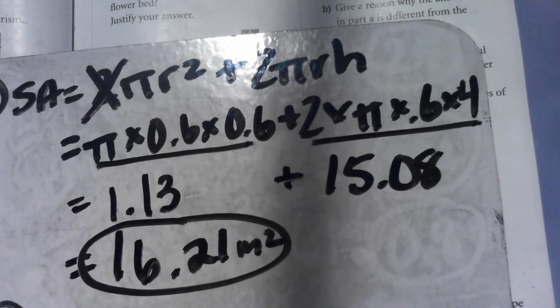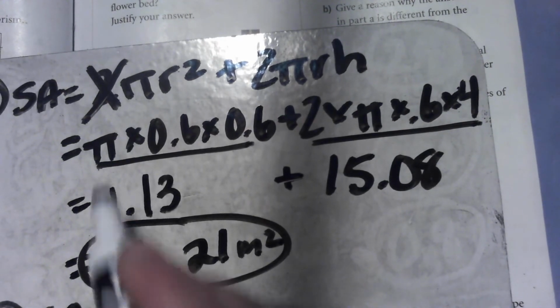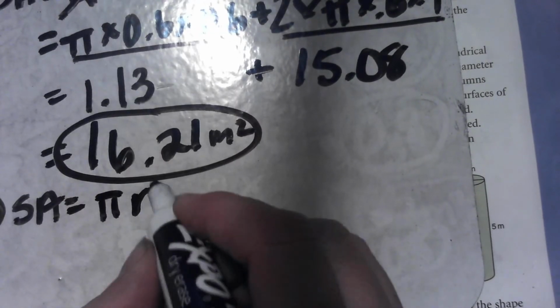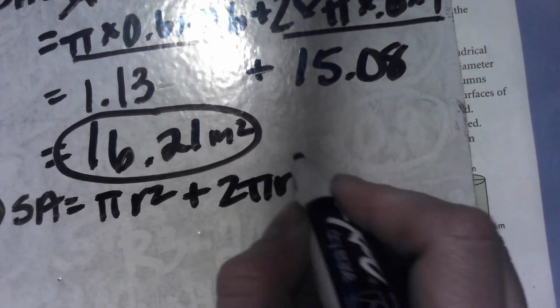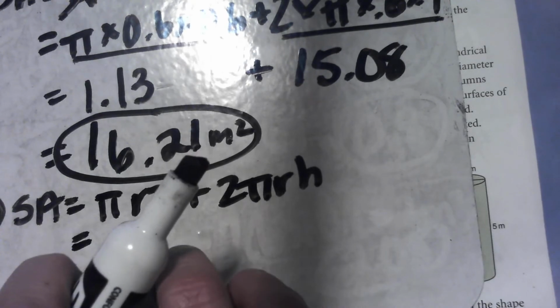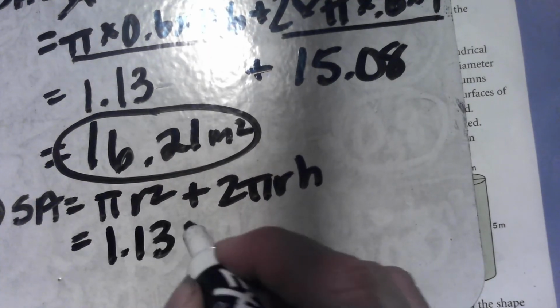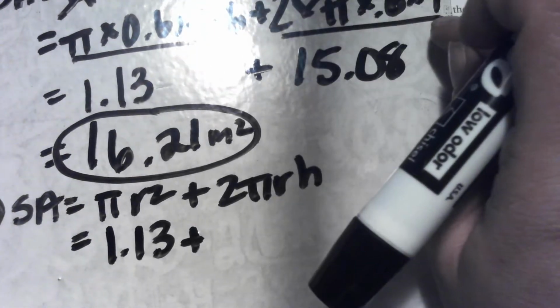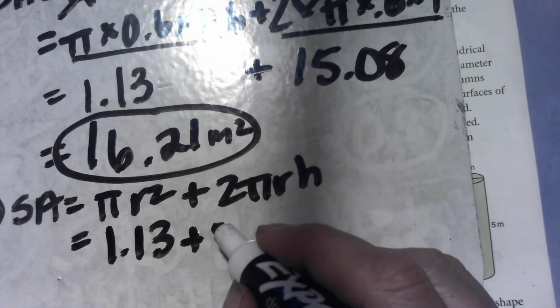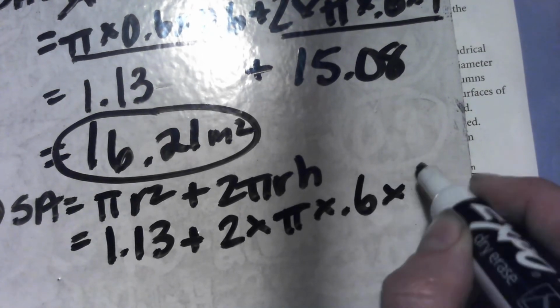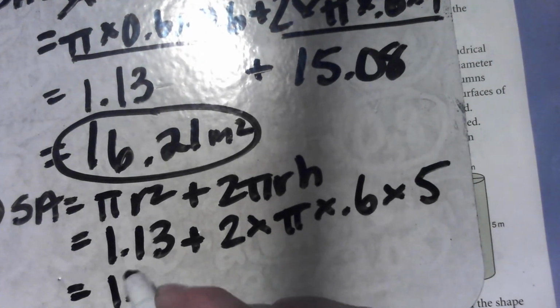And then the third one is the same formula, no 2, so it's pi r squared plus 2 pi r h. This is going to be the same because it's going to be 0.6 and 0.6 again, so I'm just going to put 1.13. This one will be very similar, except now this is 5, so we've got 2 times pi times 0.6 times 5. So we already know this is 1.13.